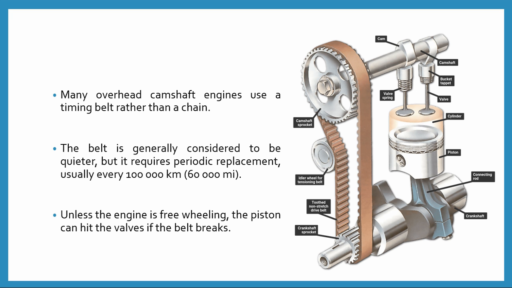So these silent type chains and roller type chains are basically used in the camshaft engine as a timing drive, rather than a belt.